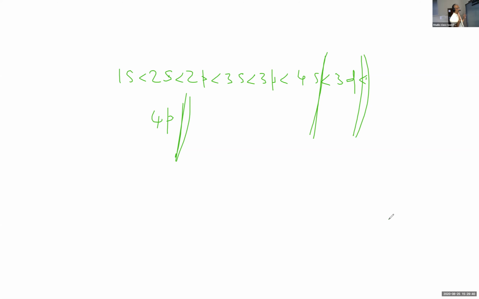Okay. The possible questions are like this. You will be given some orbitals. For example, I have taken some examples here, that is given in your notes. Suppose 6s, 4f, 2p and 3d are given to you.